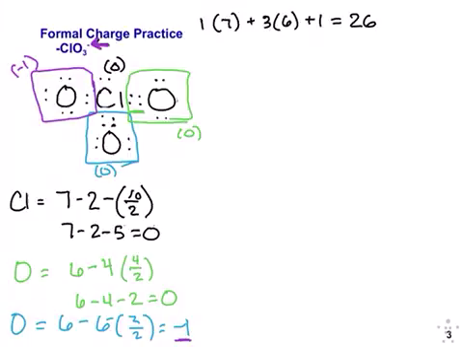So we have to have a negative 1 charge. So our best diagram is not the nice simple one where we complete our octet and have our correct number of valence electrons. We actually have to break the octet rule on chlorine so that we can get the formal charges to 0, which gets us to our negative 1.